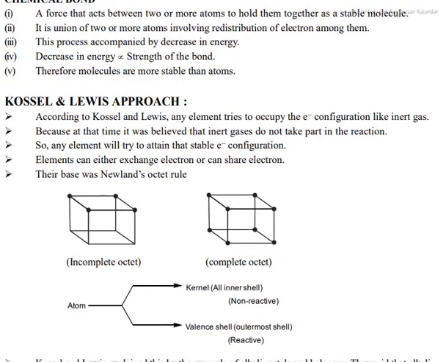As you can see in the diagram at the bottom, the atom is distributed into 2 parts: the kernel shells, which are all the inner shells and are non-reactive, and the valence shell, the outermost shell, where electrons participate in bonding and which is reactive.